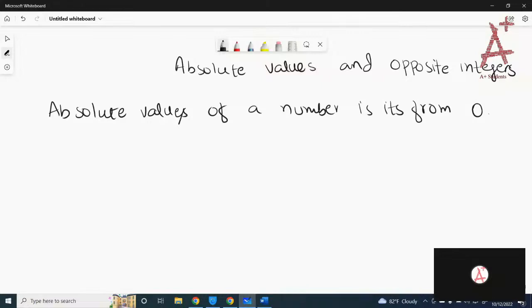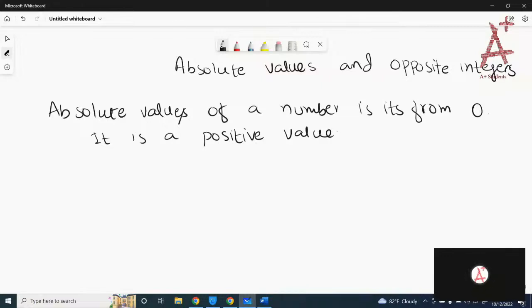Got it? And it is a positive value. Got it? So that means the absolute value of every number is a positive value. Got it? Negative numbers are not the absolute values. Absolute values are all the positive values.